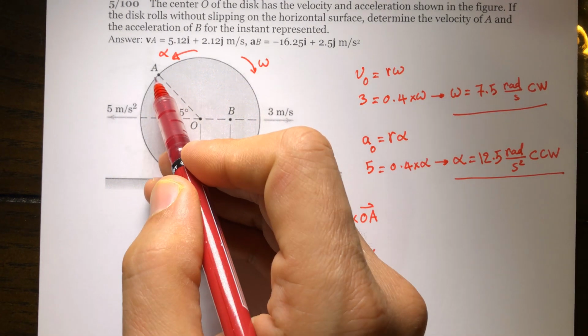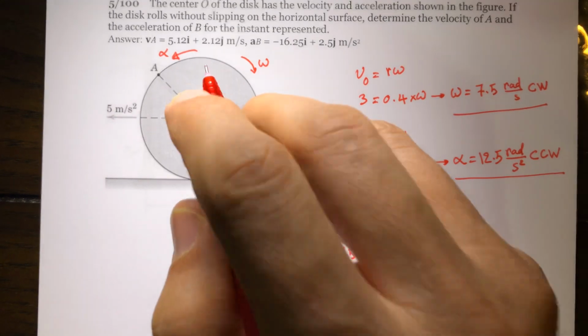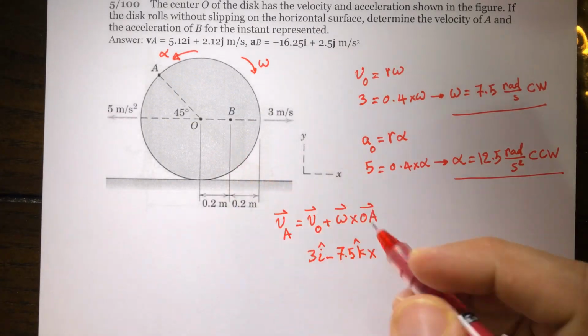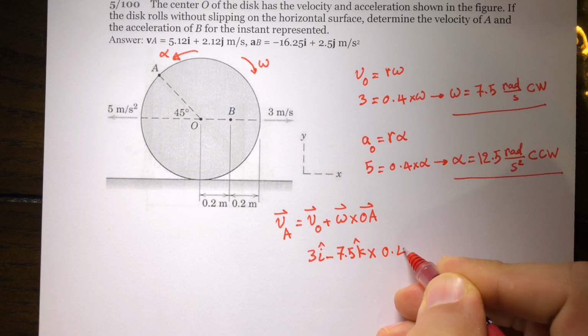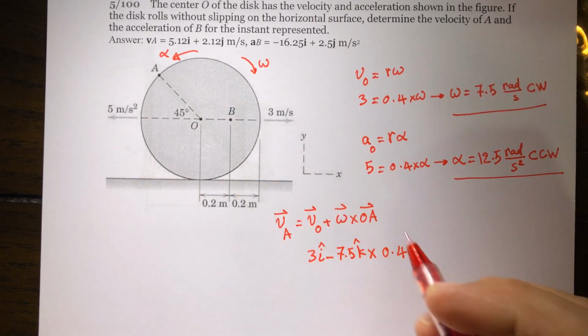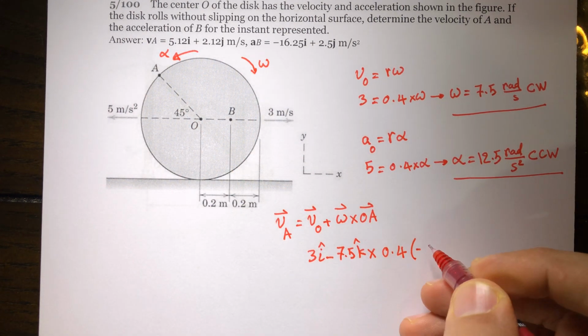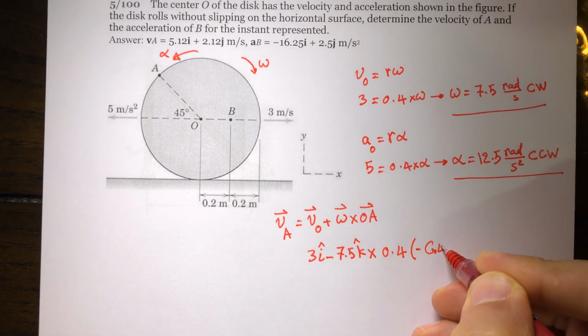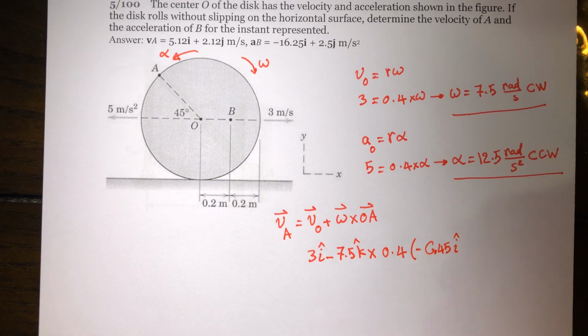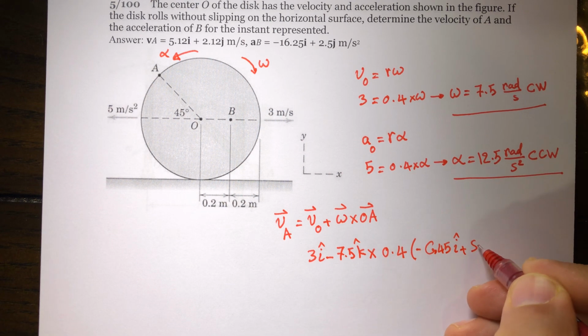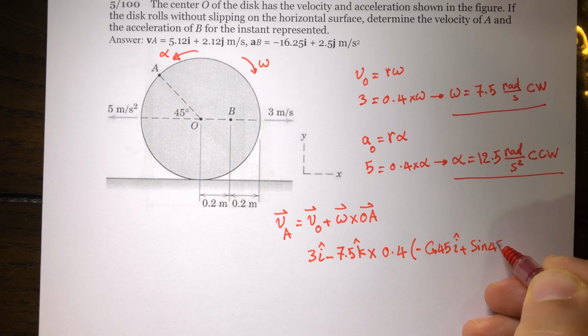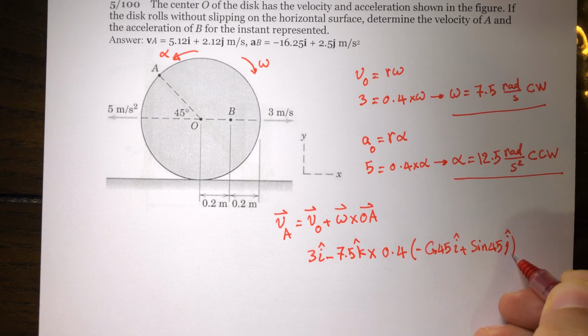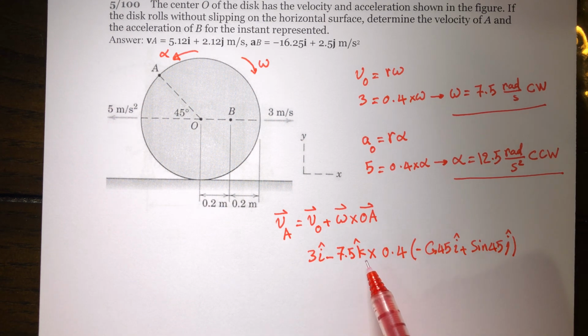So we need to write this vector OA in a vector form, which is going to be 0.4, the radius, times that direction, which is negative cosine of 45 in the I direction plus sine of 45 in the J direction.